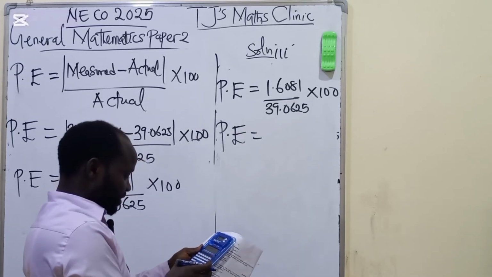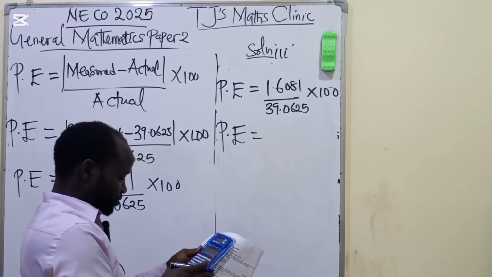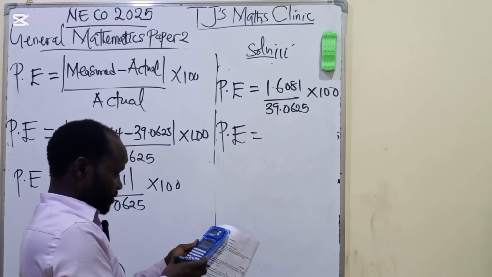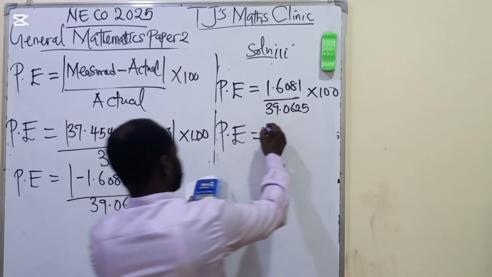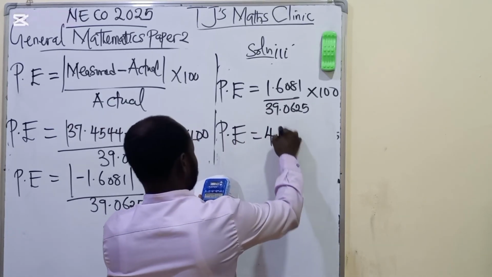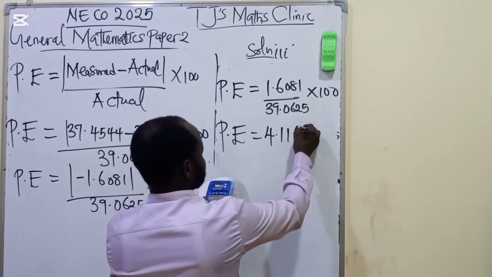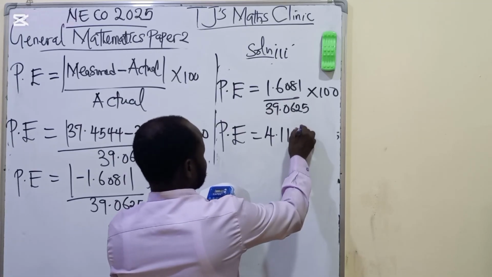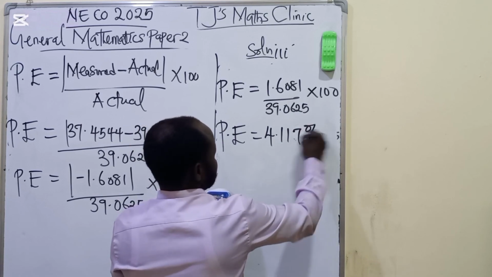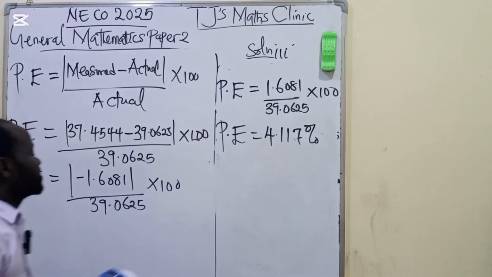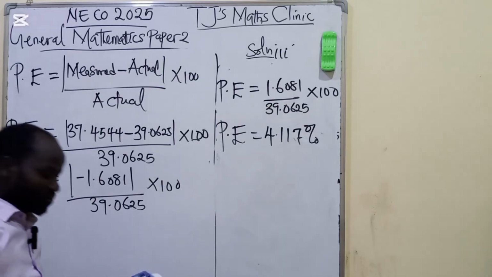We multiply it by 100, and we'll get 4.1167, let's say 4.117 percent. This will be the percentage error in the calculated area.